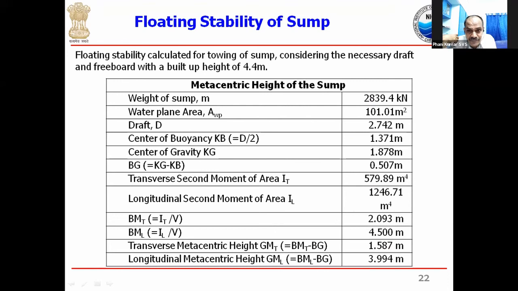This is the calculation, which in a nutshell is the heart of the project, where we would like to install a very big structure using a lagoon that has only 2.2 meters or 2.5 meter channel depth, and with no crane facility. The only crane that is available is a Hydra with a maximum capacity of 6 tons.